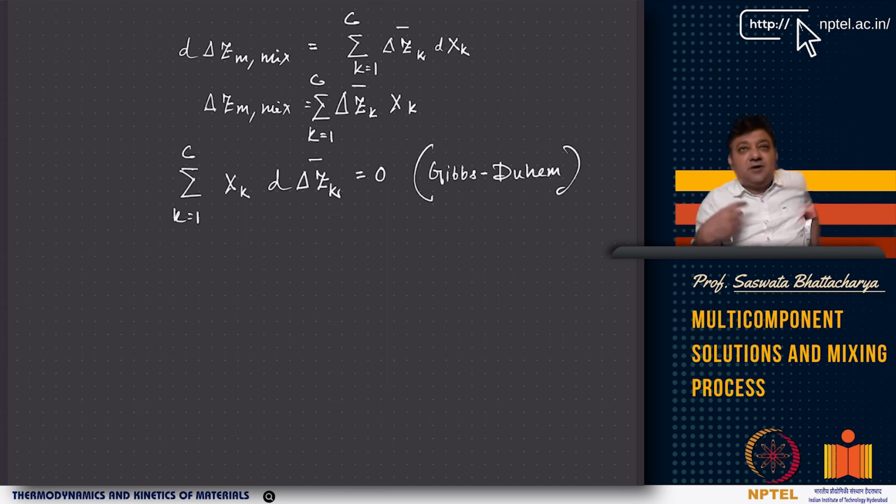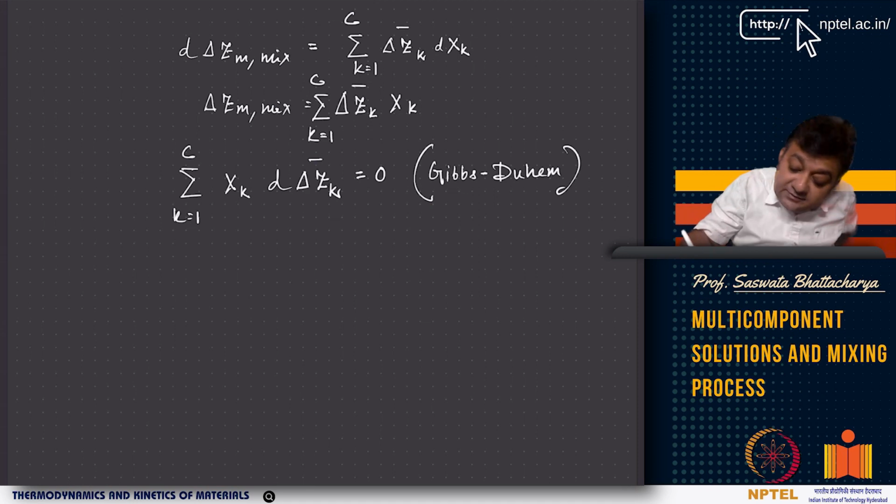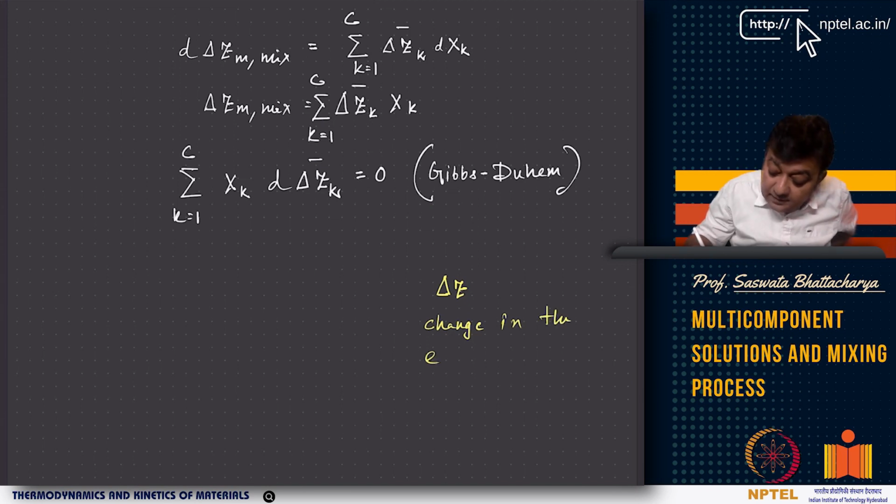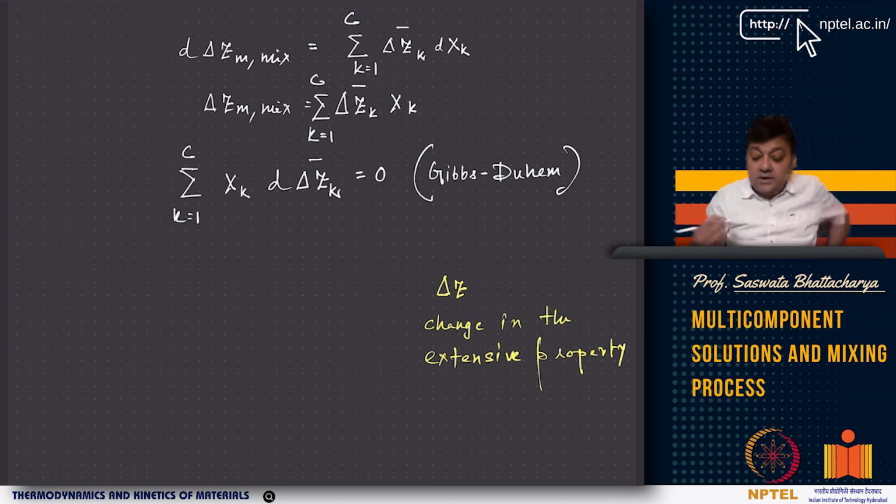Change in the total property, or change in the extensive property, due to mixing is given by delta Z. So delta Z is the change in the extensive property due to mixing.